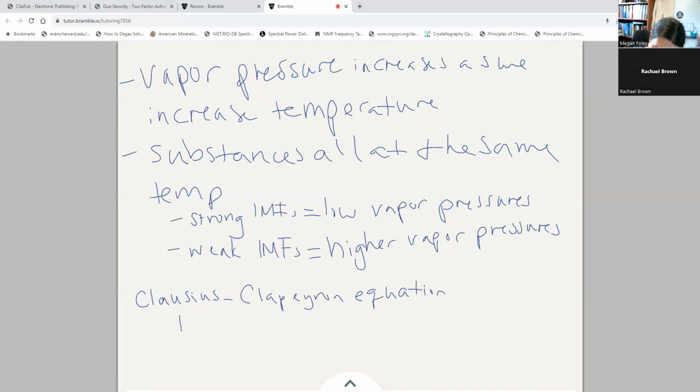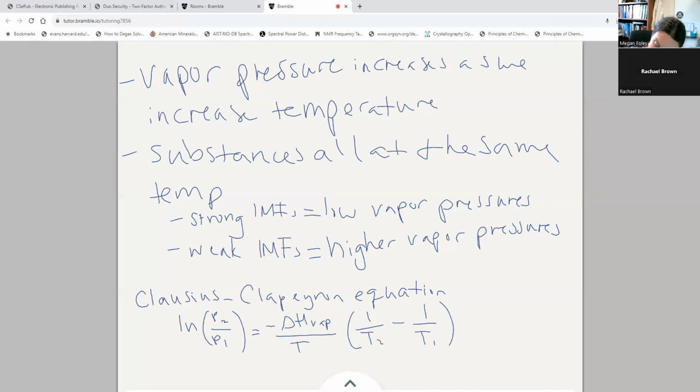So the equation is the natural log of P2 divided by P1 is equal to negative delta H vap divided by R, times 1 over T2 minus 1 over T1. And we could switch the 1 and 2, it doesn't really matter.